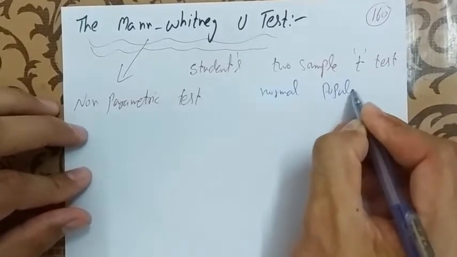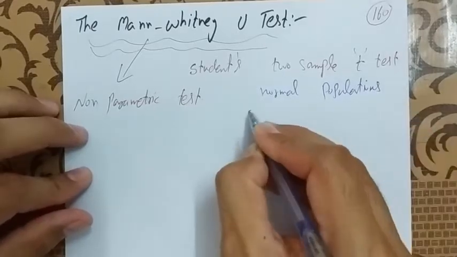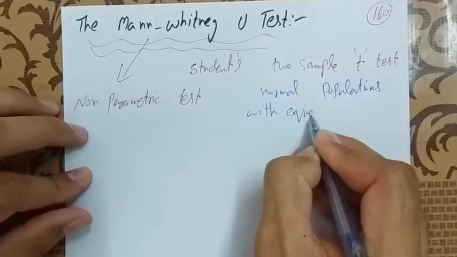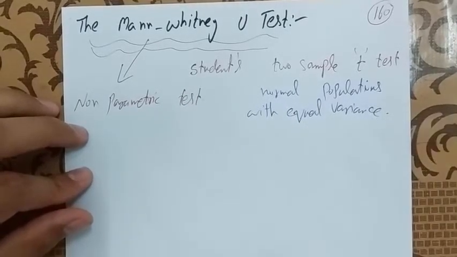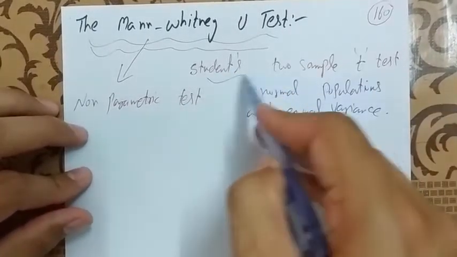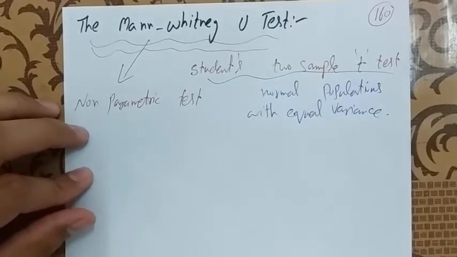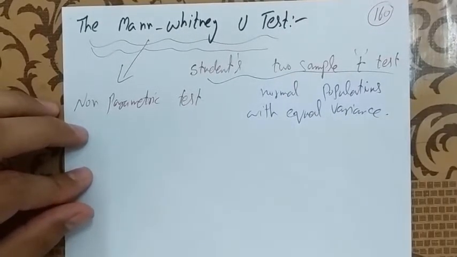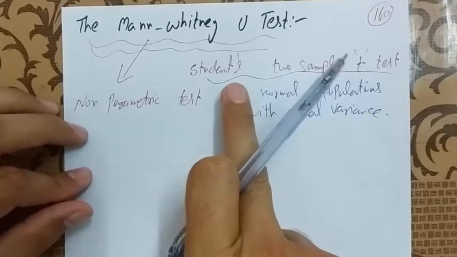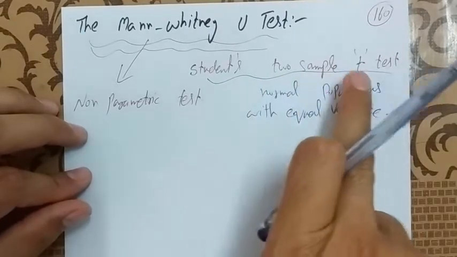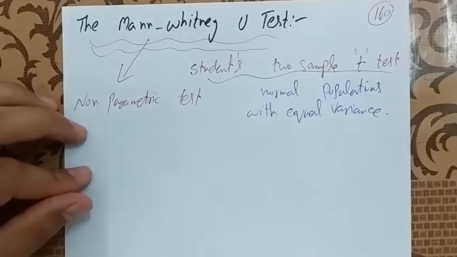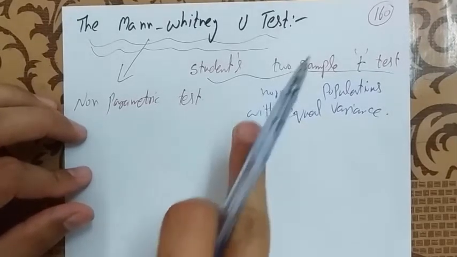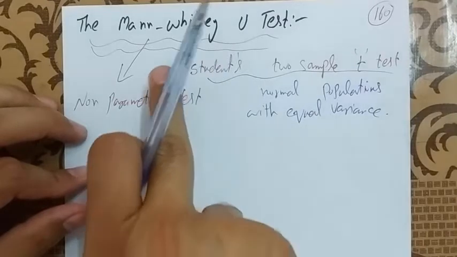This line comes in the MCQs from a paper point of view: which test is the alternative to the 2 sample t test? You know that its alternative test name is the Mann-Whitney U test.